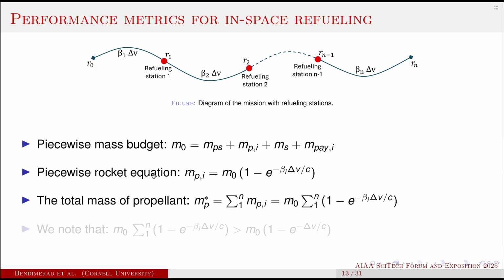And then the total mass of propellant MP star is just the sum of MPIs from 1 to n. We note that the sum of the mass of the propellant at each segment is larger than that of a mission without refueling. So the sum is higher than the initial value of the propellant mass.